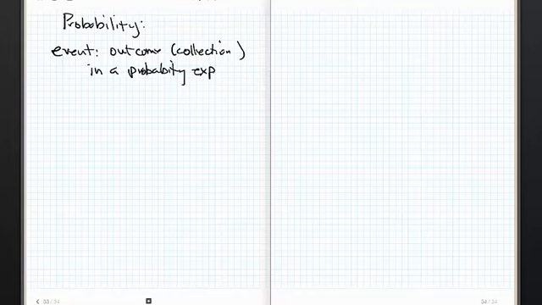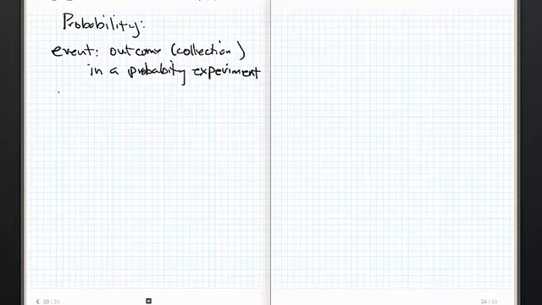And what is a probability experiment, you may ask? It's flipping a coin, rolling a die, drawing a card. Having a child, believe it or not, could be thought of as a probability experiment because it comes out either male or female, although there's some interesting other things that can happen, which we'll discuss down the road.